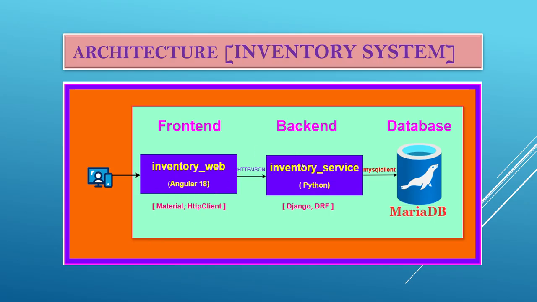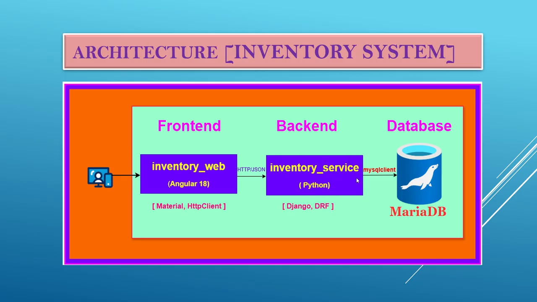Our front-end application will interact with our backend application, which is inventory_service, which we are going to implement using Python language. And in that we are going to use Django and Django REST framework. These are the web frameworks we are going to use to create this backend application. And we are going to implement our CRUD operations and APIs inside this backend application, and we are going to test all those using the Django REST framework user interface.